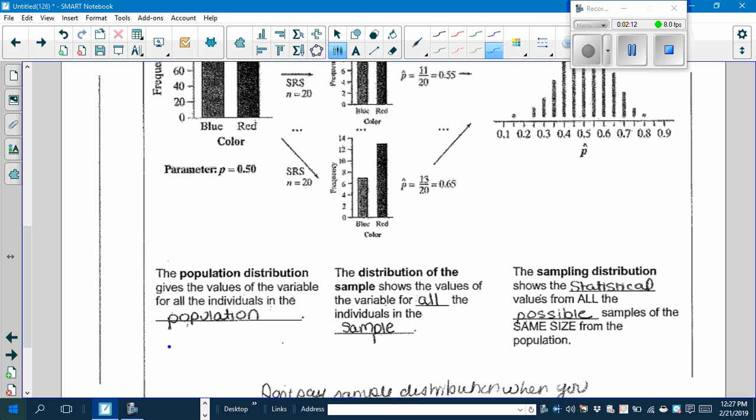What I would suggest you do is make sure you understand the difference between these 3 things, okay? Understand that a sampling distribution and a distribution of the sample are 2 very different things. Sampling is multiple samples. A sample distribution is just 1 sample, so be very careful, all right?